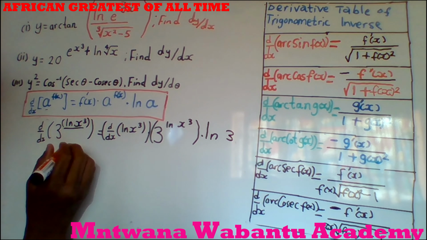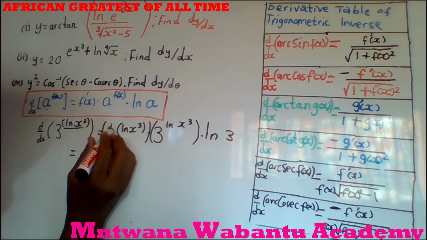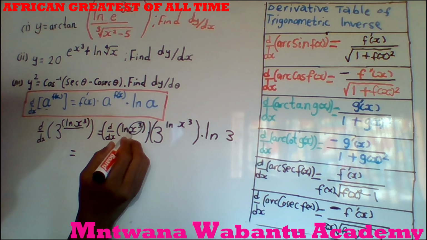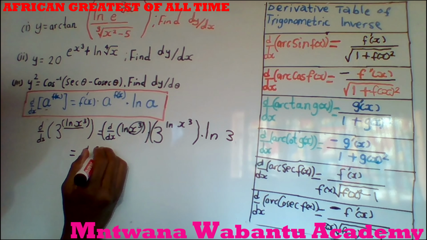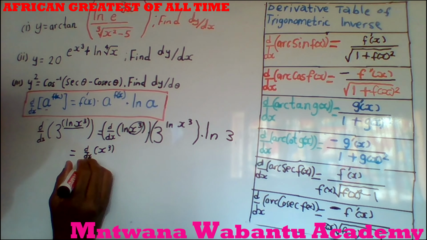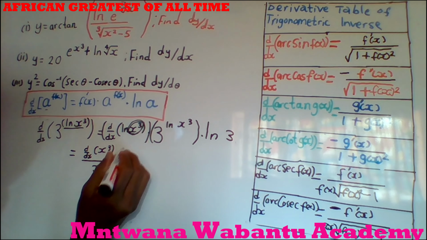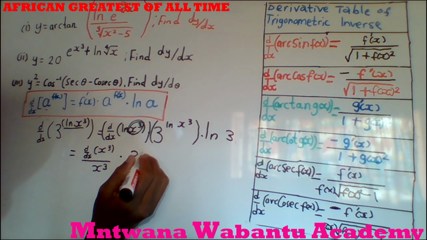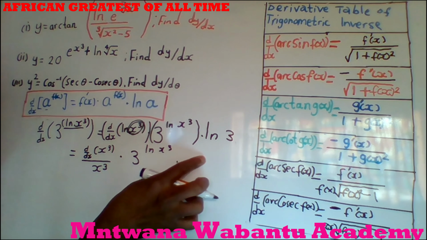If we differentiate 3 to the power of anything, we take the derivative of whatever is in the power, which here is x cubed, then multiply by exactly what you have there, 3 to the power of x cubed, and then multiply by ln of 3.